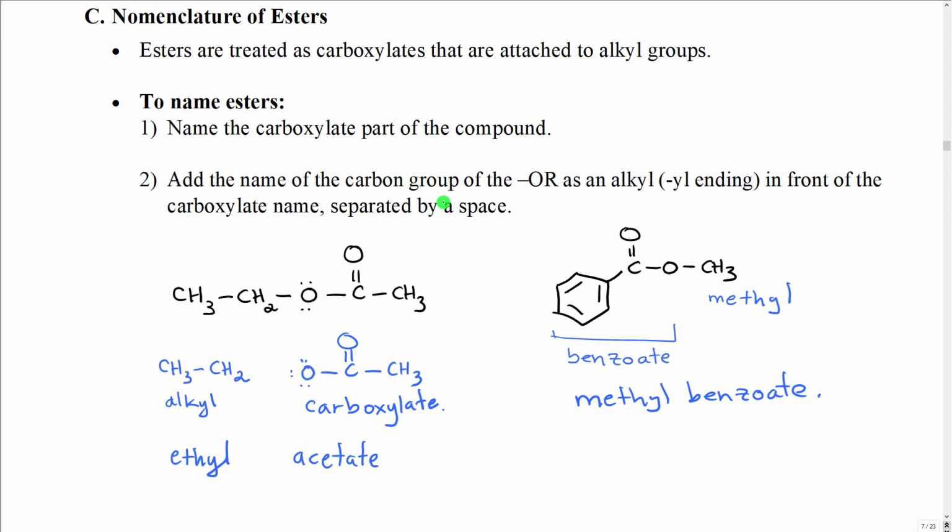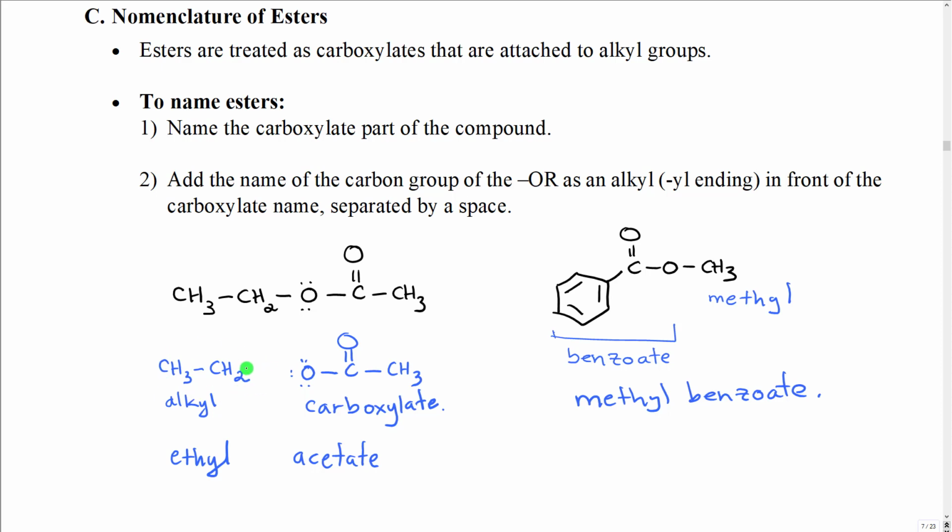With regard to esters, again, we have to look at how esters were conceptualized by organic chemists in order to understand how they are named. What organic chemists envision for esters is that they are really carboxylates that have a carbon group attached to the oxygen of the carboxylate, so that it no longer has a charge, but it's basically a carboxylic acid where we've replaced the hydrogen with an alkyl group, a carbon group.